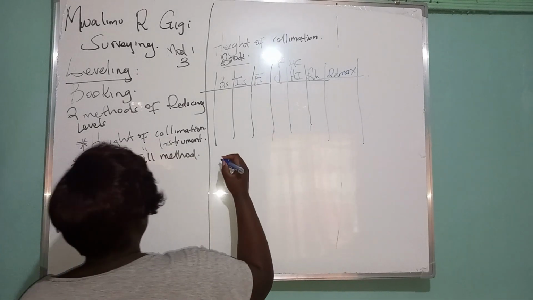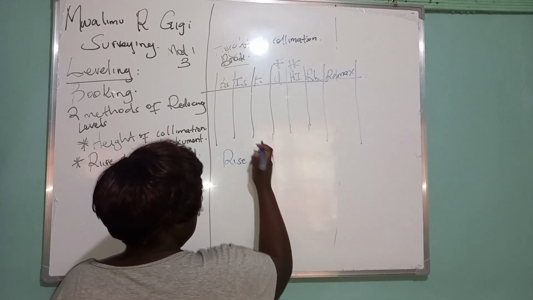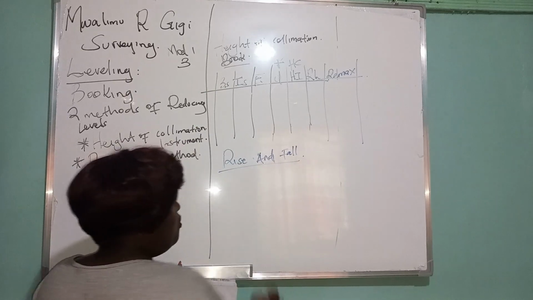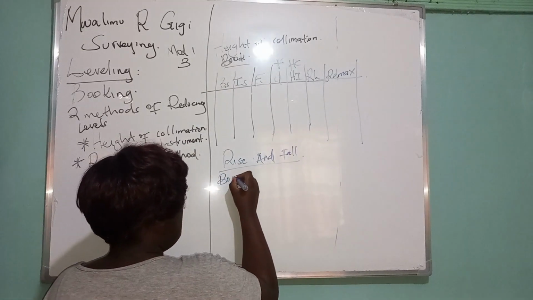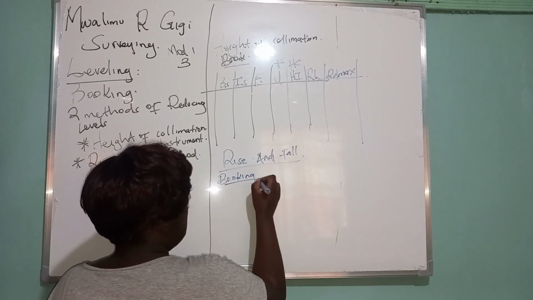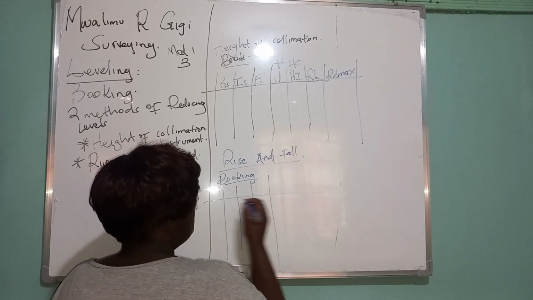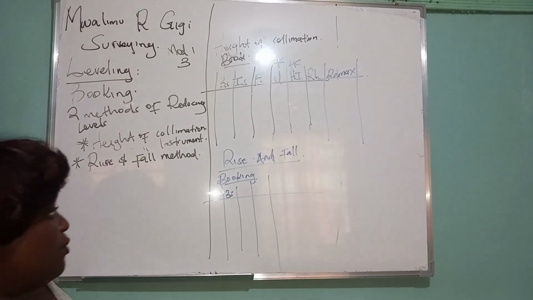But when you want to use the rise and fall method, your booking should be as follows. You have the main columns. First the backsight, that's the first reading.